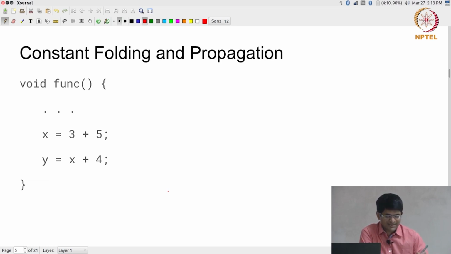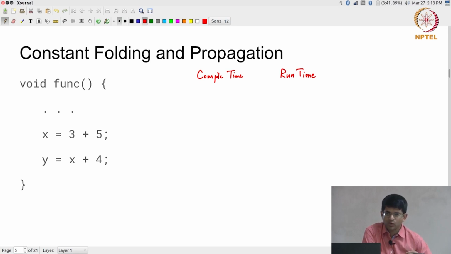Okay. This is an example. Supposing you have a code where you say x is equal to 3 plus 5. There are two parts to how a program gets executed. The first is the compile time, the second is the run time. Compile time happens typically only once, run time for most programs happens many times.